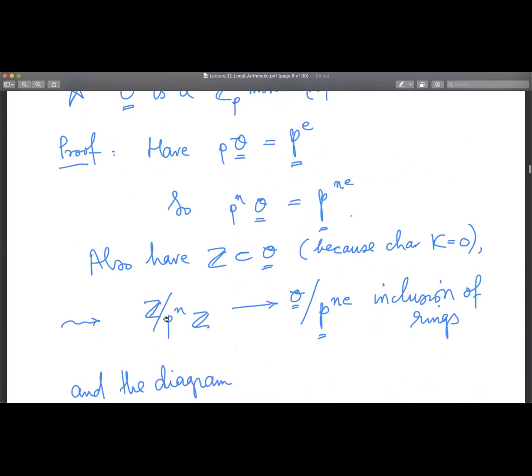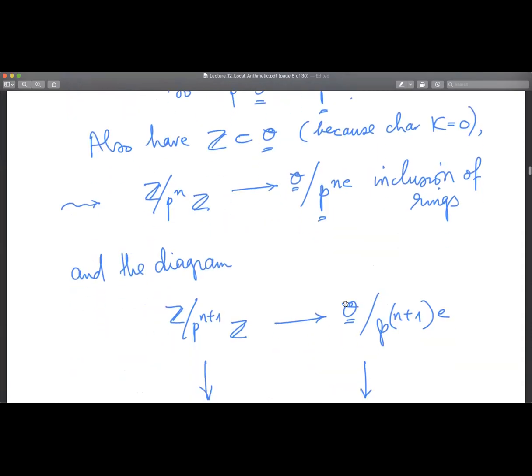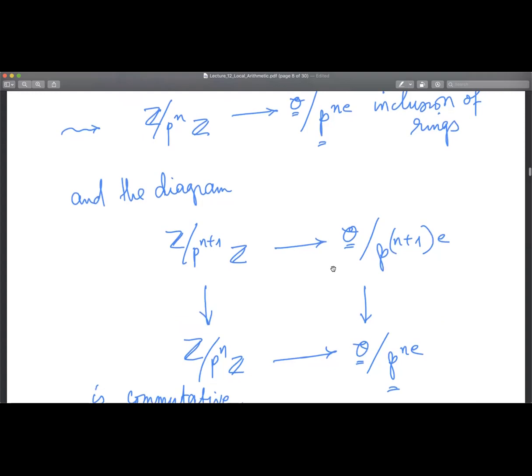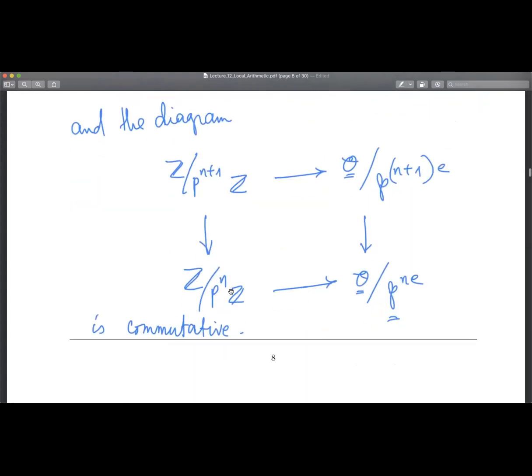So we get these inclusions of Z modulo p^n Z in O modulo P^(ne). That's going to be an inclusion of rings for every n. And what happens if I have n+1 and n? Then there's this map from n+1 to n on the left, and from n+1 to n on the right, with the horizontal inclusions. And this diagram, of course, commutes.